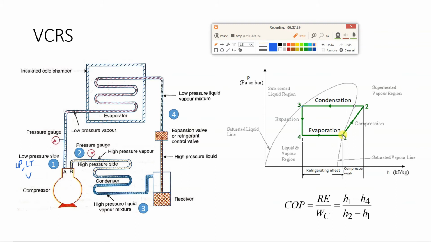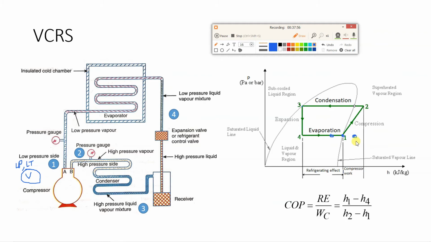This point number 1 can be either on the saturated vapor curve, or superheated, or it can be in the wet region also. But usually if we are using a reciprocating compressor, we don't consider point number 1 in the wet region, because the compressor gets damaged. So if you are considering this compressor as a reciprocating compressor, for safety purposes we consider point 1 as either saturated vapor or superheated vapor.